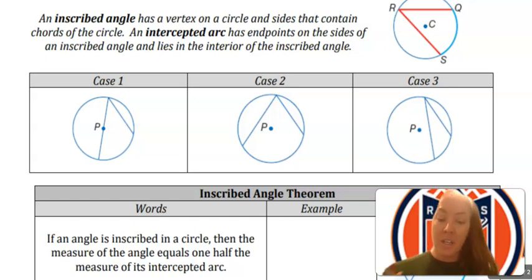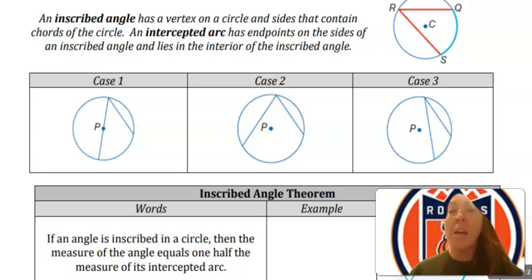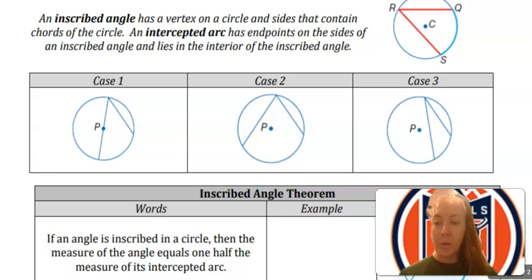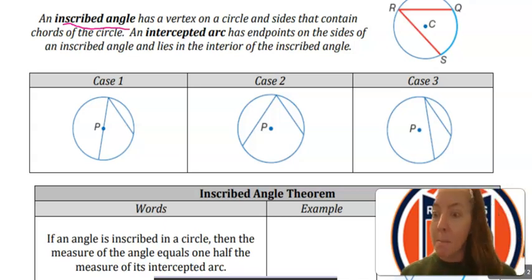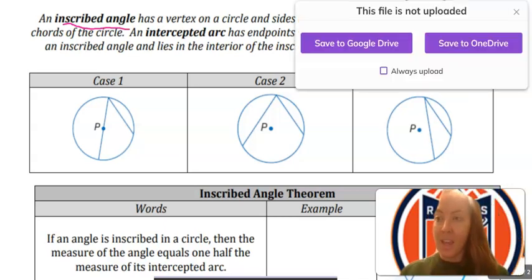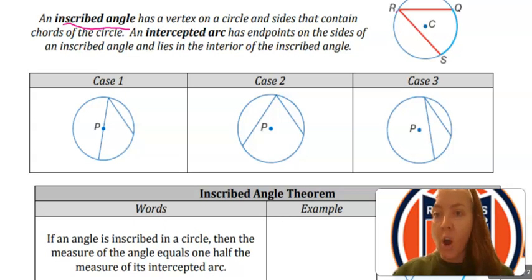Okay, students, so we are in quarter 4, week 3, and we're going to continue with some more circle ideas. So this week we are going to focus on inscribed angles. An inscribed angle has the middle of the angle, or the vertex, on the circle this time.